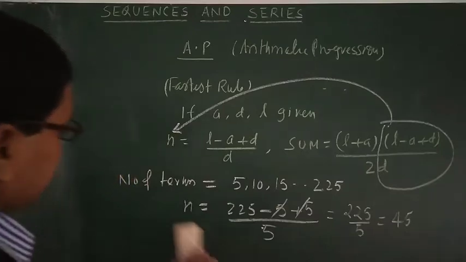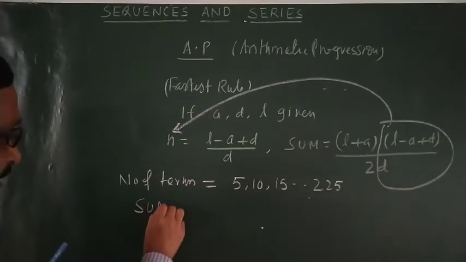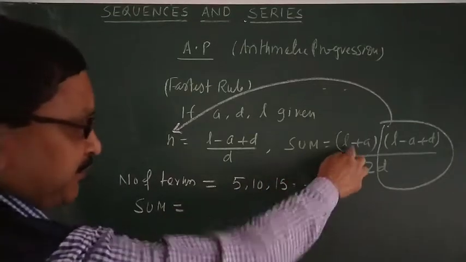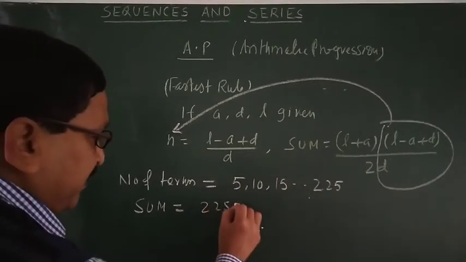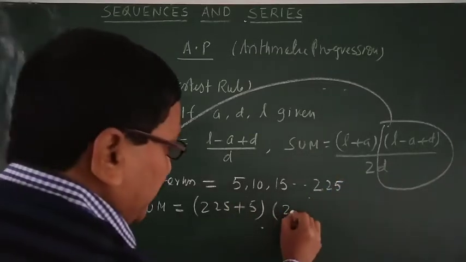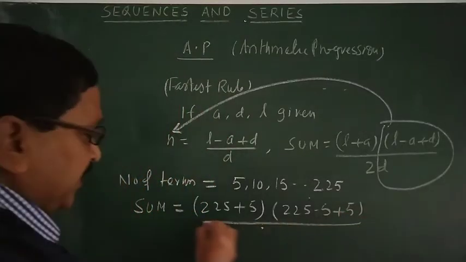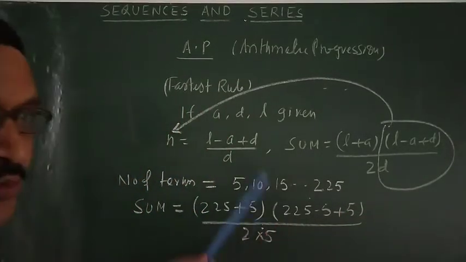Suppose you have to find out the sum directly. So directly you can get the sum: L plus A, 225 plus 5, times L minus A plus D, 225 minus 5 plus 5, by 2 into 5. Simplify it to get the sum.